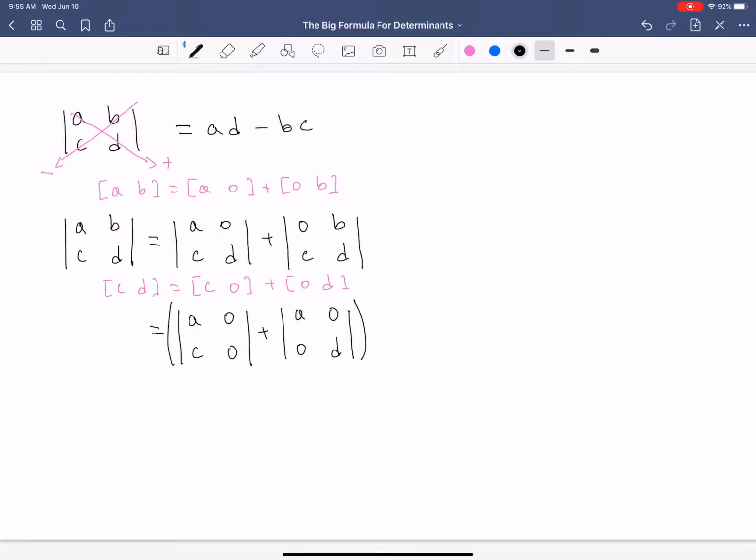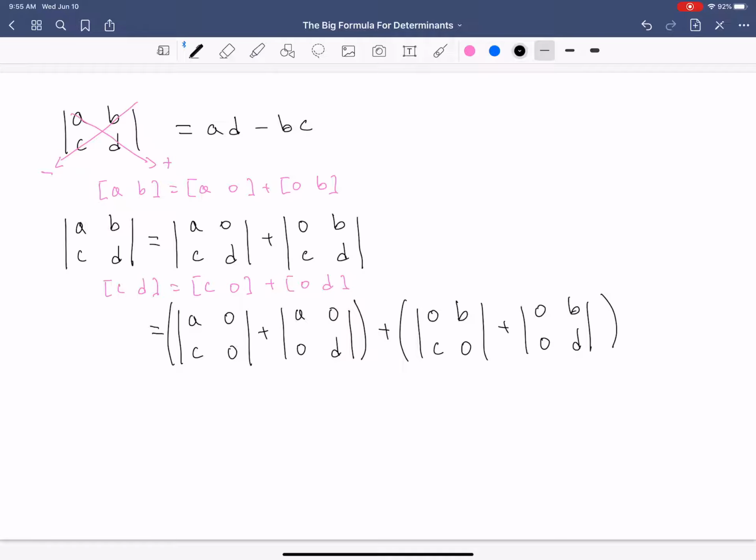I'll maybe put parentheses. Plus, from the second one, similarly, I have 0 B, so the first row stays unchanged in both of these. And the second rows better add up to C D, so I could have C 0 and then 0 D.